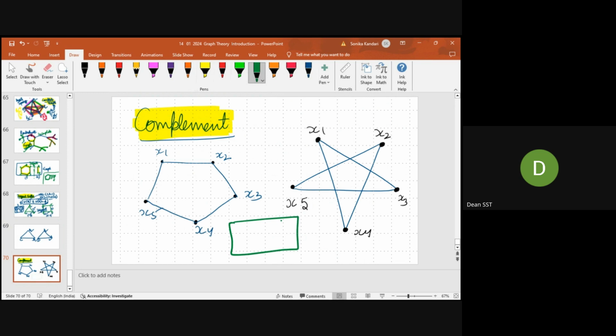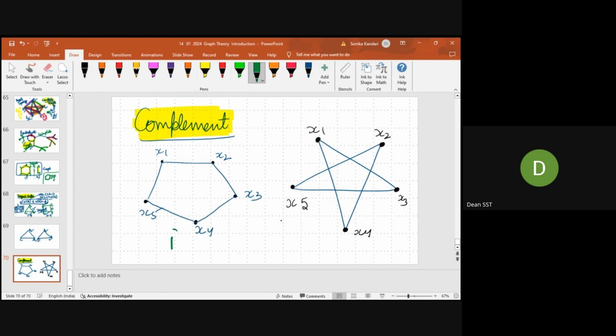Let us see. In the Venn diagram, this was your A. So what was your A complement? This was your A complement, and this is your universal set. Is it clear? Now here in graph theory, how will you denote the complement?